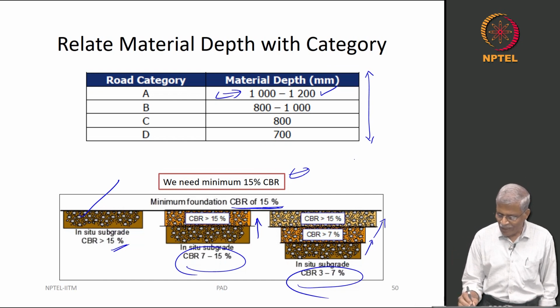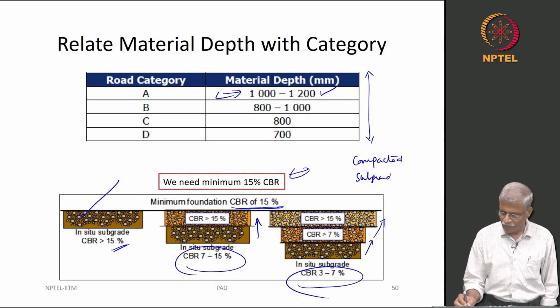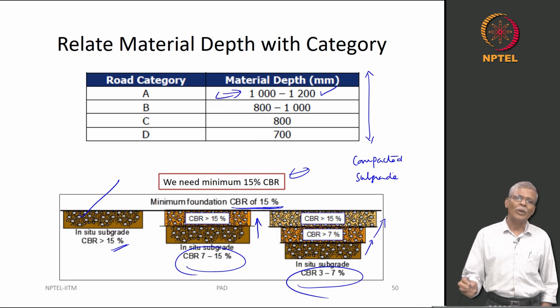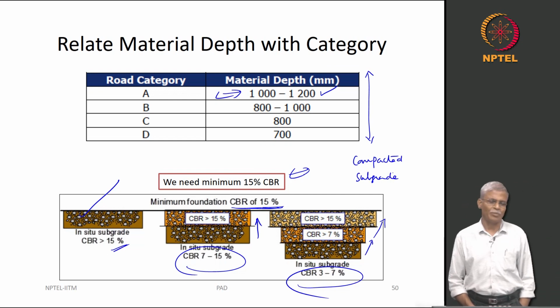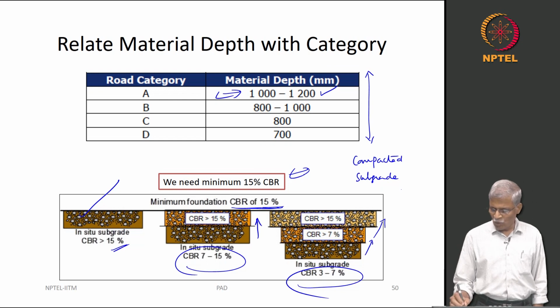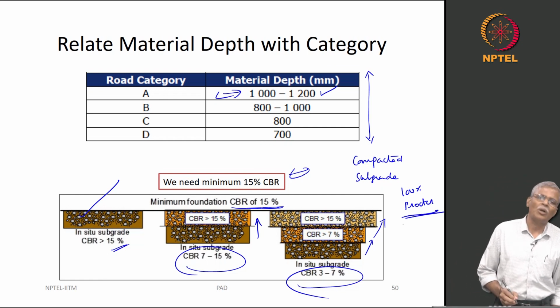So, what you can actually see is, if you go and search in IRC, you might see something called compacted subgrade, and it will also be shown with these words. You can search and find a 100% Proctor.